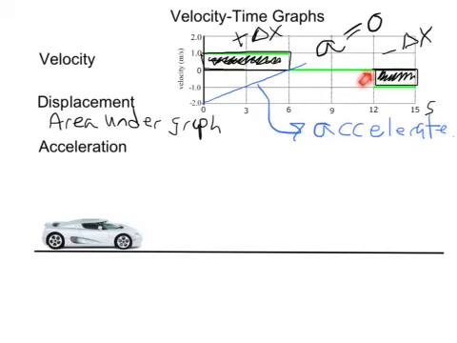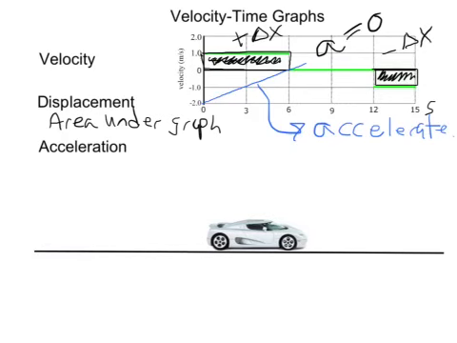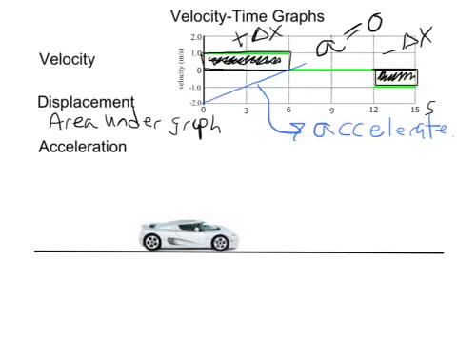Then it holds still for another 6 seconds. And then it moves with a negative velocity between seconds 12 and 15. So that motion would look something like this. It would be moving with a constant velocity for 6 seconds, and then it stops for 6 seconds, and then it moves back with a constant velocity of negative 1 meter per second in that negative direction.